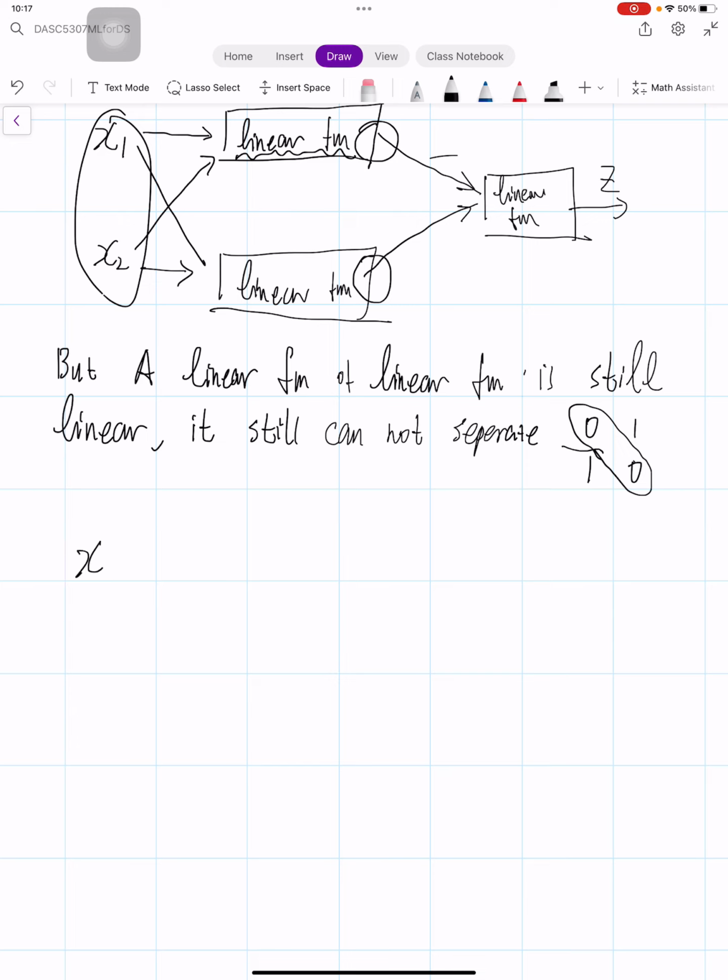If the input is x1 and x2, we construct a linear function of x1, x2, which is given by 30 minus 20x1 minus 20x2.